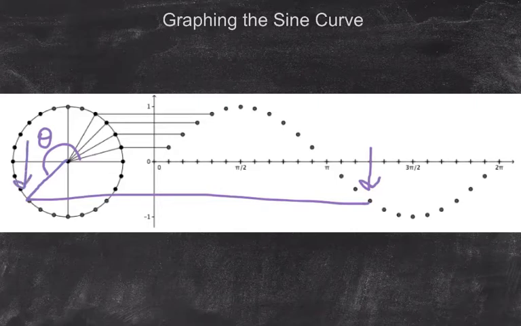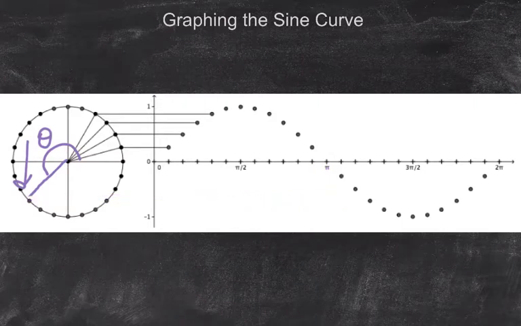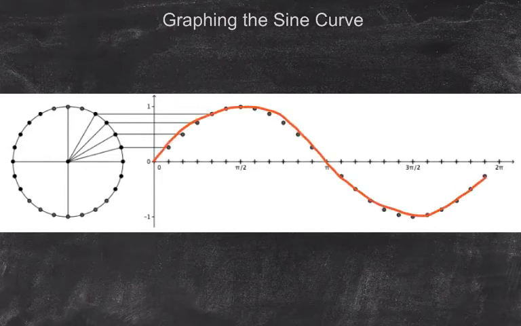And it makes sense that my input is past pi radians, because I've gone more than 180 degrees. Alright, so this is the general shape of my sine curve. So I can fill that in, I can connect those dots, because I know that I've got angle measures in between my 15-degree increments that I've used here. And the next thing we want to do is think about the domain and range of this function.